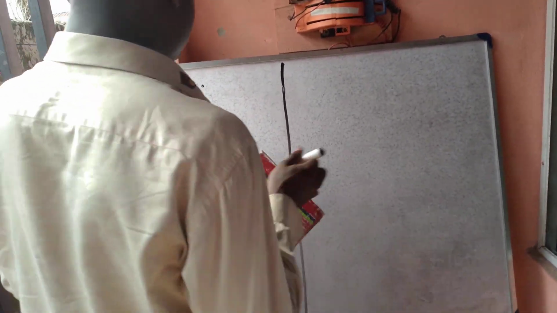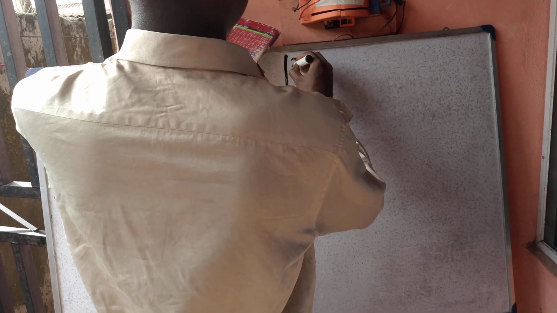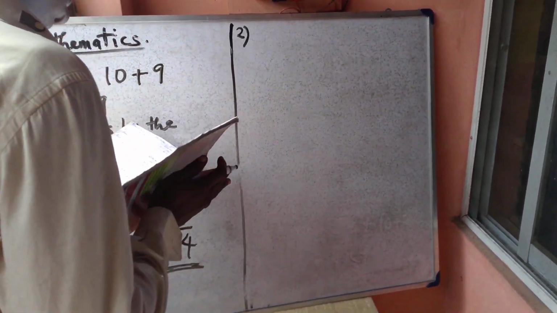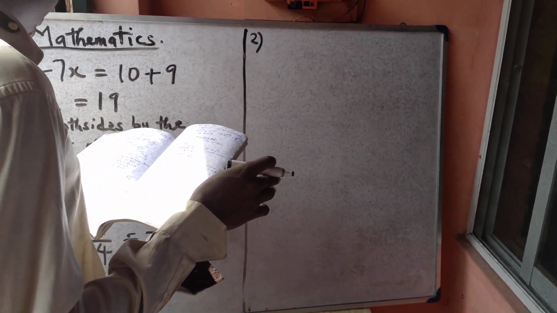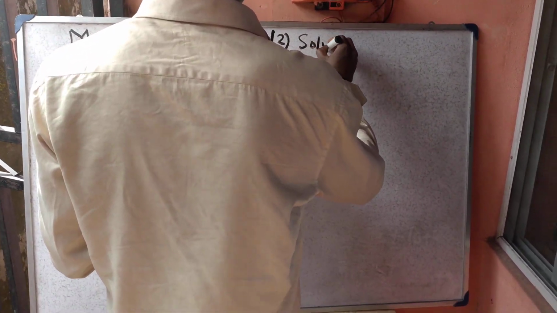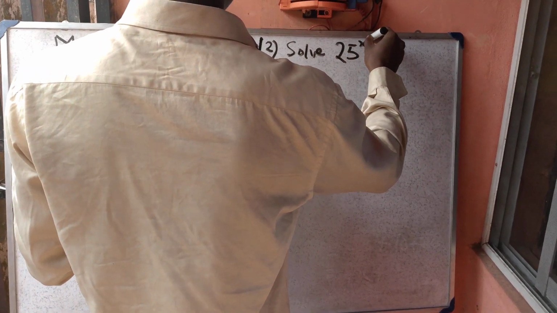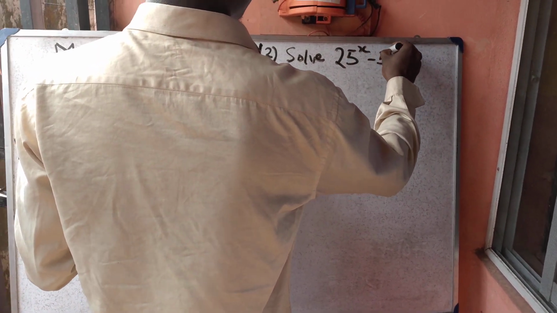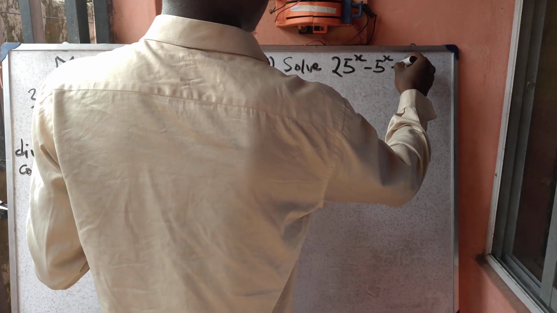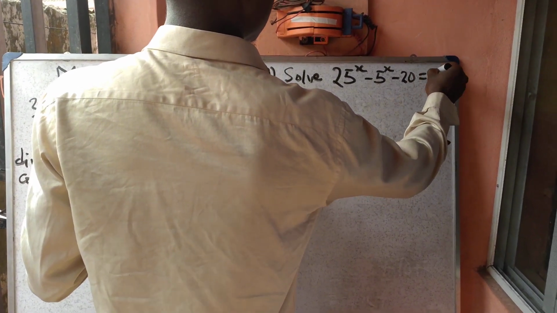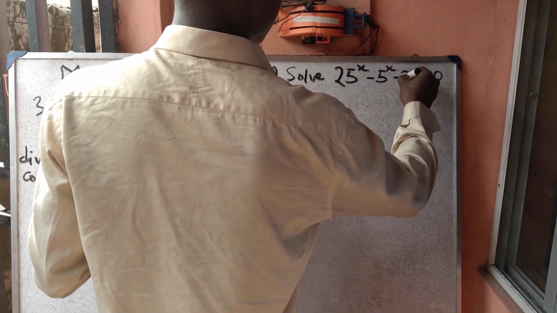Question number 2. We should solve 25 raised to power x minus 5 raised to power x minus 20 is equals to 0.